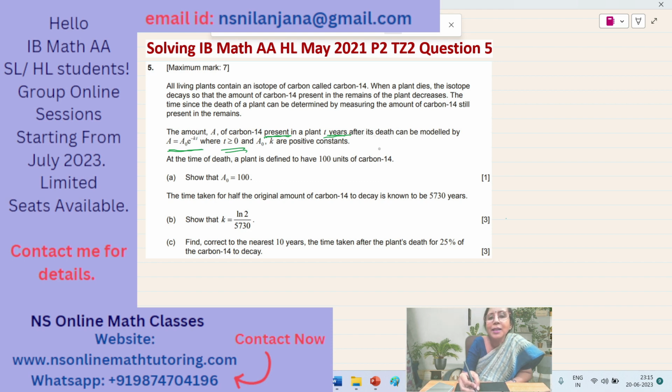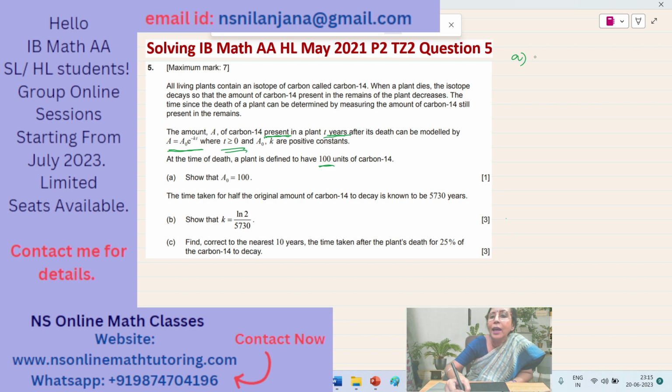So when the plant is dying, t is equal to 0, and at that time, 100 units of carbon-14 is present in the plant. So we can start answering from this line.